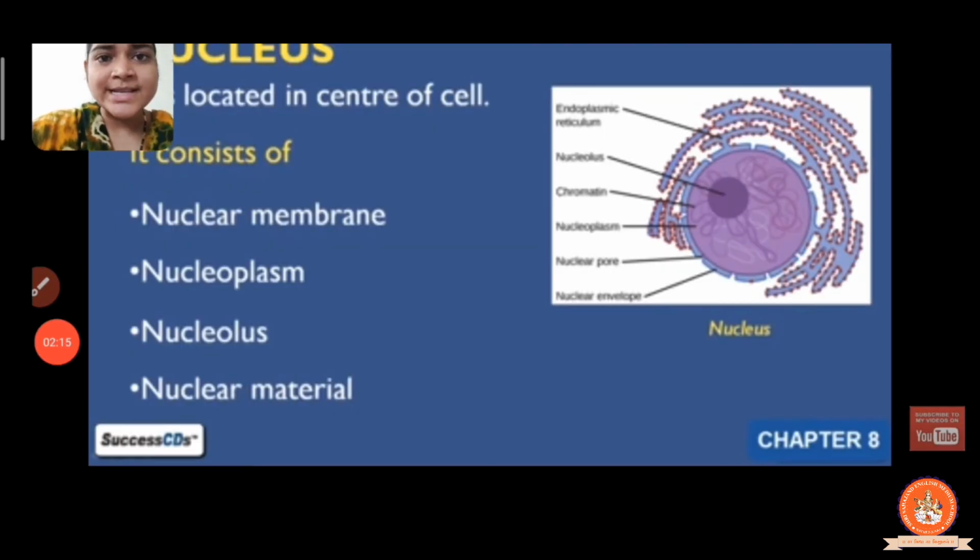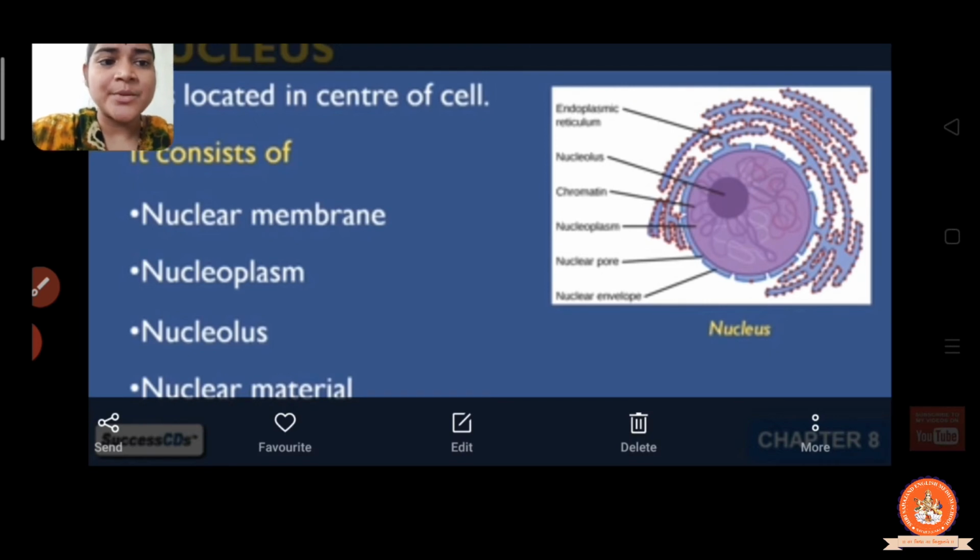So the nucleus contains different components such as nuclear membrane, nucleoplasm, nucleolus and nuclear material, right? Got it?